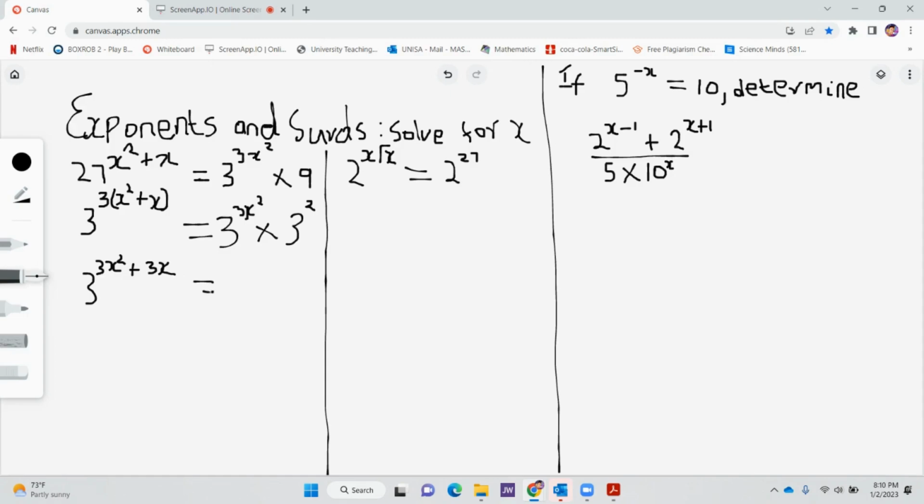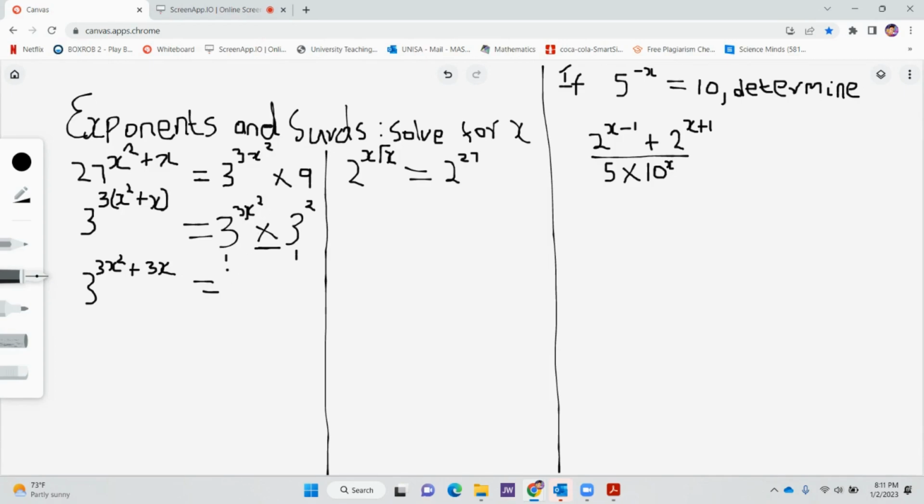So now the laws of exponents from grade 10. We know that if the bases are the same, you see on the right-hand side, the bases are the same. That's base 3 and a base 3 with a multiplication in between. So if bases are the same with a multiplication in between, then we are required to add the exponents. If it was a division, we're going to subtract them.